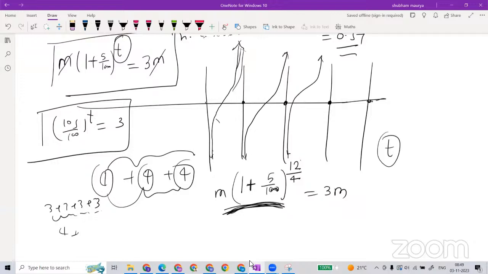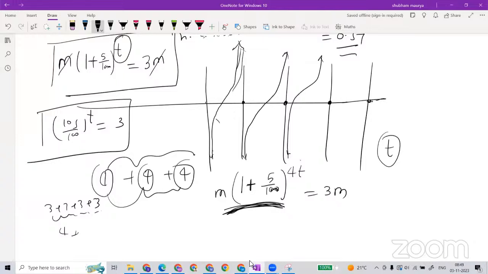Here it says thricely, so n by t, t by n is there, so 3 will come. If it says quarterly, 4t will come. This is the formula. This will become 4t, not 3t.